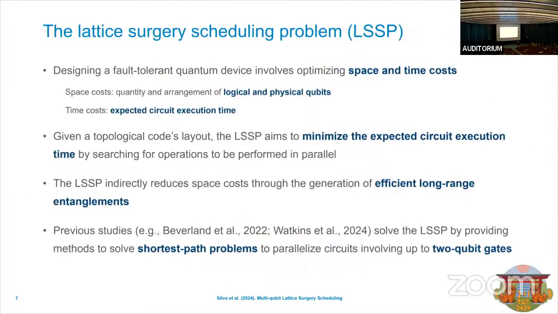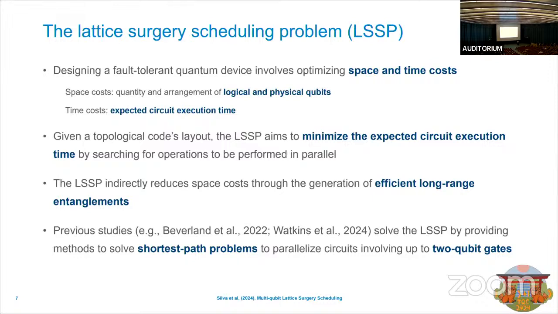We searched the literature about this problem, and we found that this is not new. There are many studies that solve this problem, but they usually consider only the connection between two qubits, so a pair of qubits. This is relatively easy to solve from an optimization point of view because this requires solving shortest path problems to parallelize these gates.